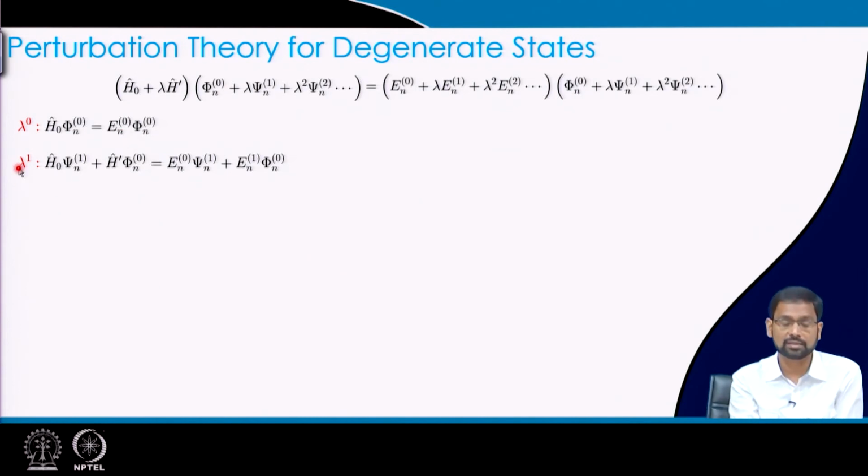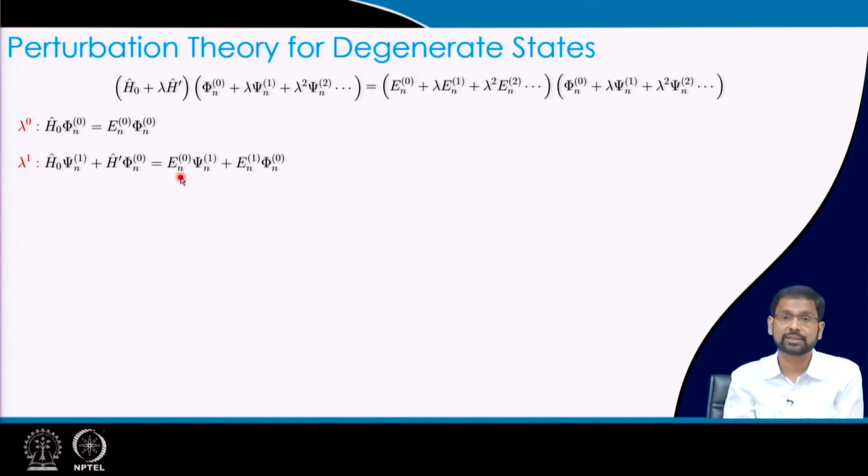When I collect the terms with lambda to the power 1, I would see H0 multiplied by psi n1, that is first term, and H prime, the perturbation, multiplied with phi n0. These are the two terms in the left hand side. When I look at the right hand side, I have En0 with psi n1, En1 with phi n0. These are the four terms.